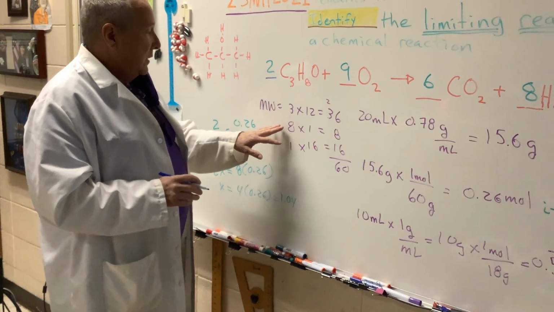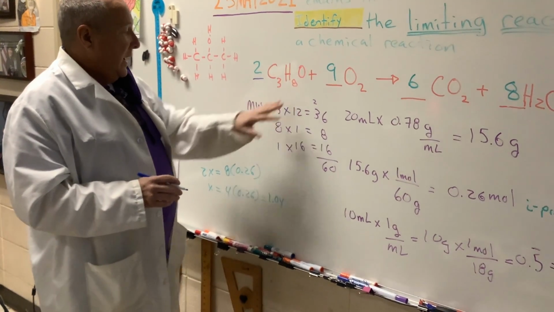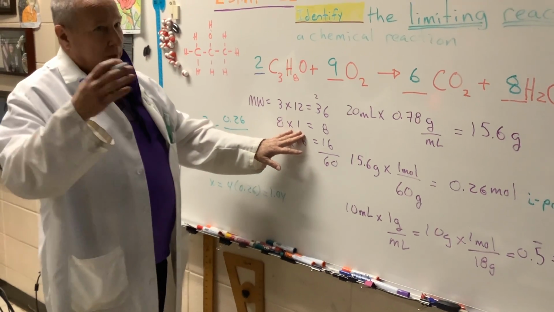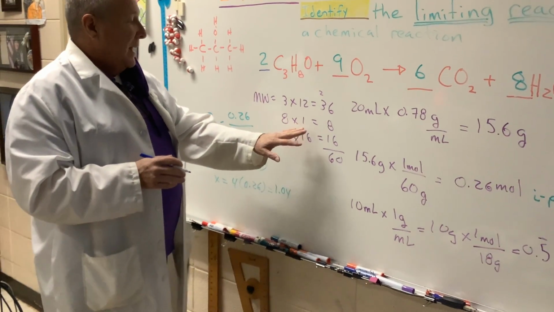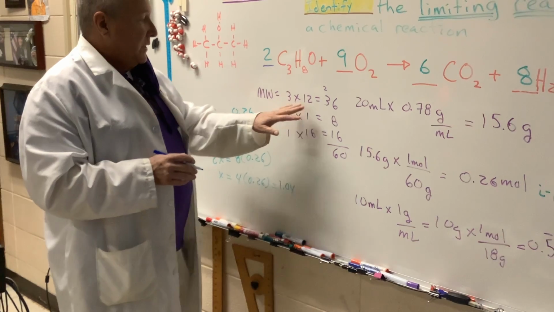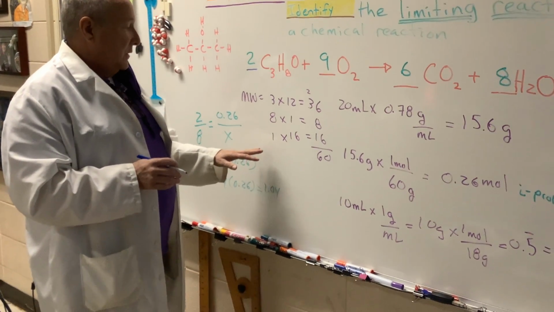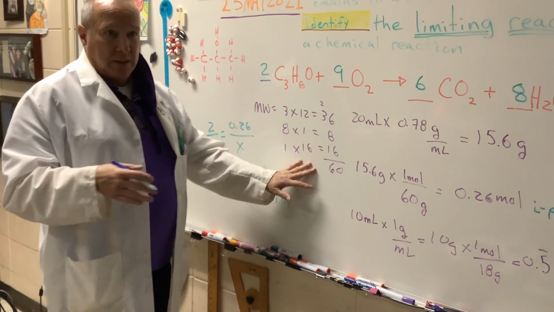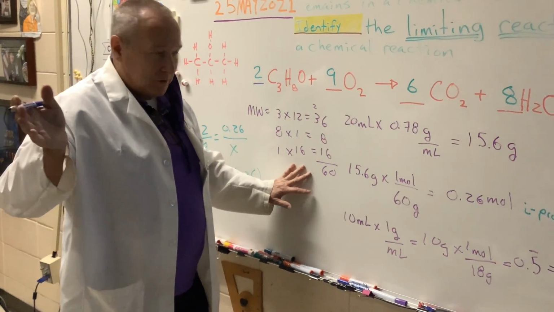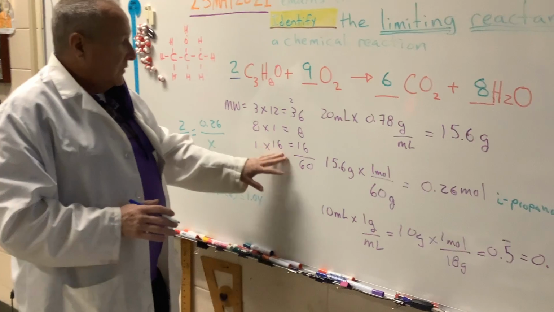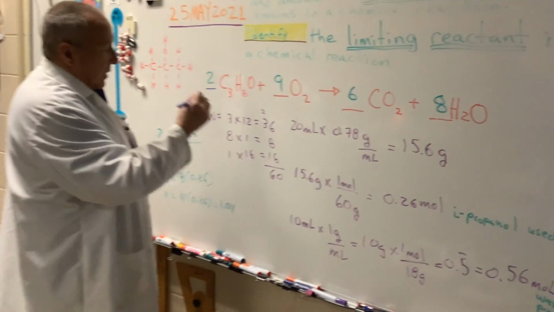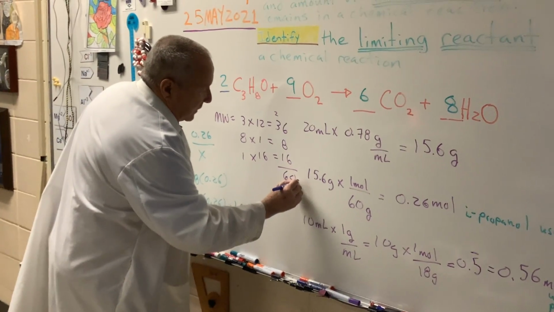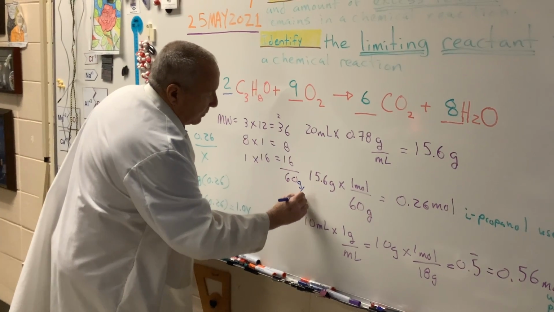There are 8 hydrogens, which are 1.00 something, but 1 for a total of 8. The 3 carbons give us a total of 36, and there's 1 oxygen of 16 or 15.999 something. So we'll call that 16 for a total molar mass of 60 grams per mole.